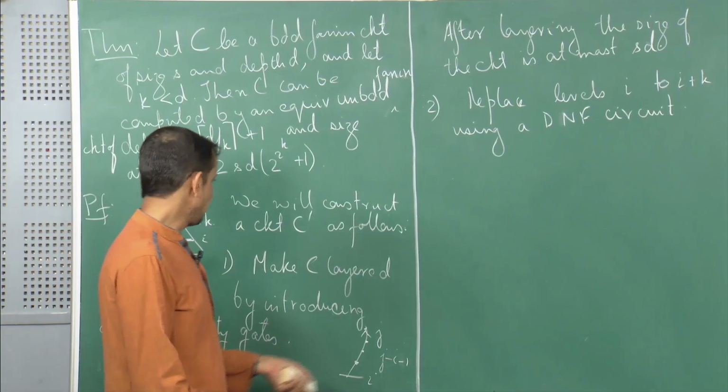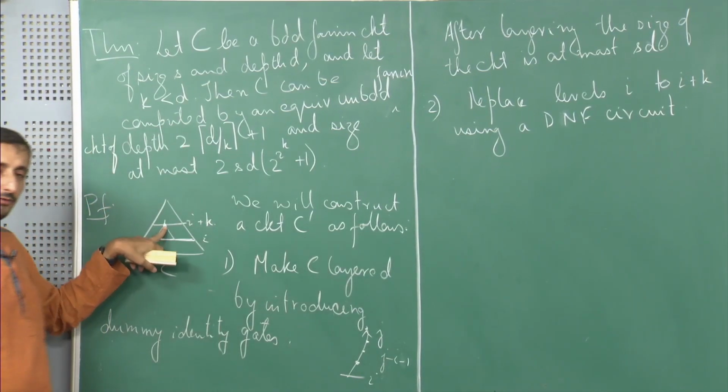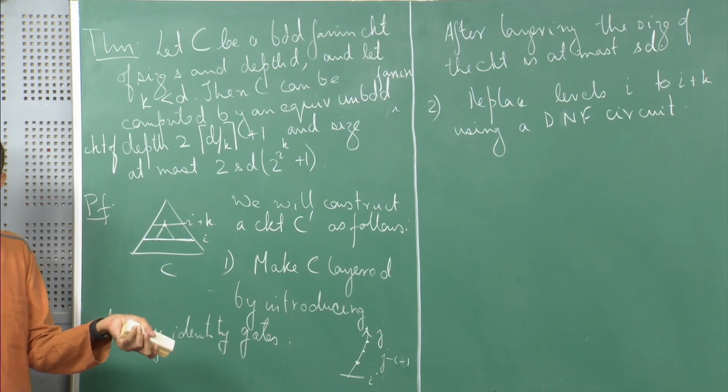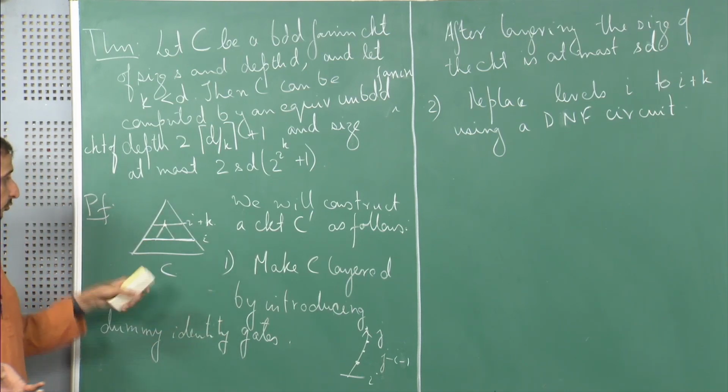So essentially I take a gate, and as I said, I will look at all the gates in level i plus k, and I can replace it with a DNF circuit. I can think of it as a truth table.